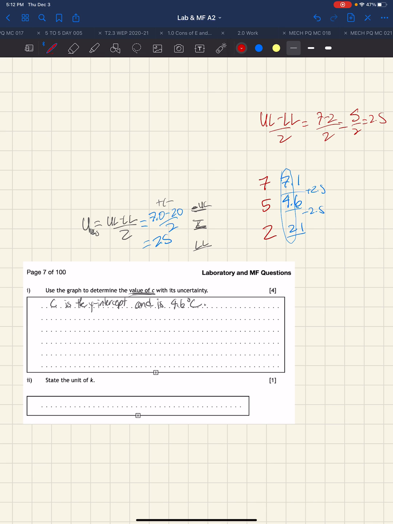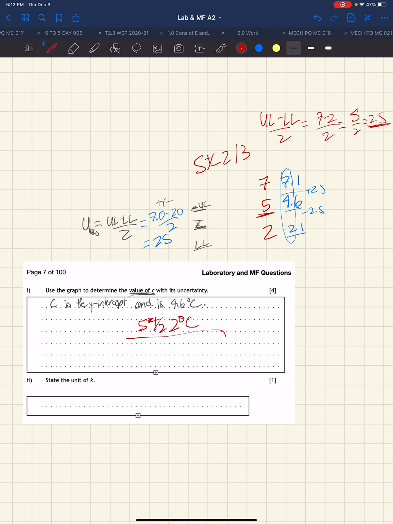So what we are going to say is our mean value is 5 plus or minus, depending on what our numbers were, either 2 or 3. In this case, I'm going to say that the absolute value is 5 plus or minus 2 degrees Celsius.